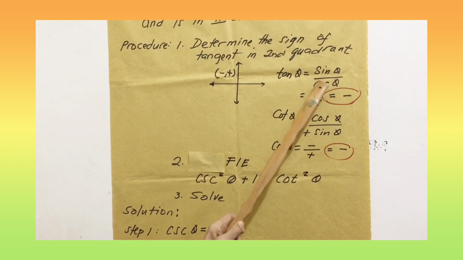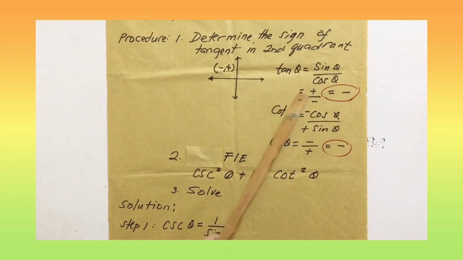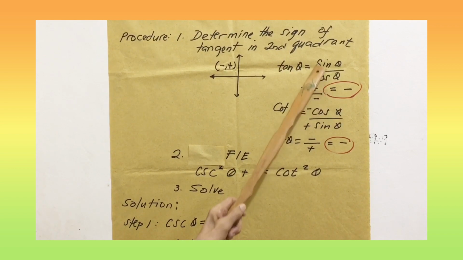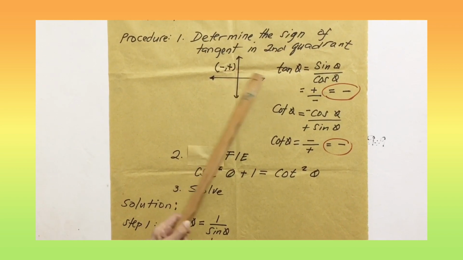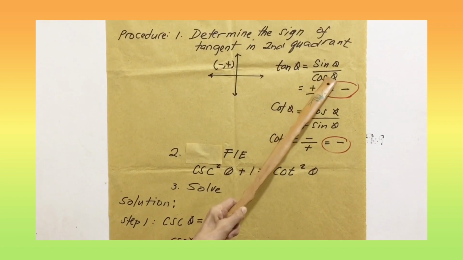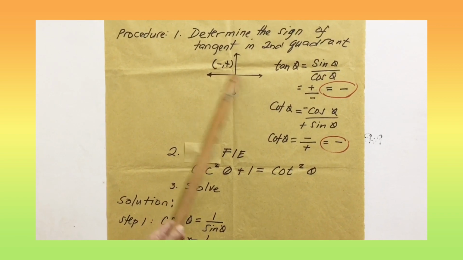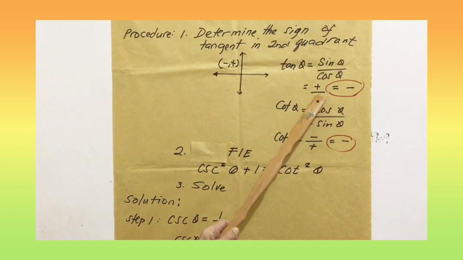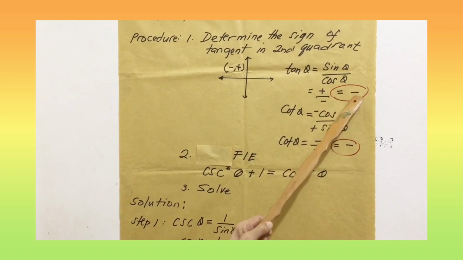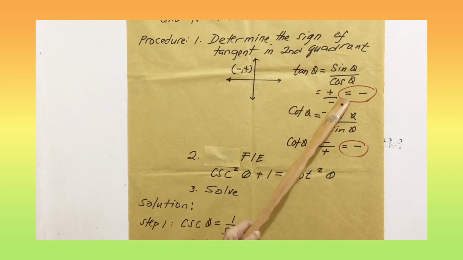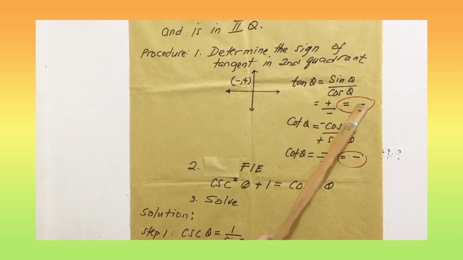This will be the formula. Our sine is positive, and the cos theta is negative. Positive divided by negative equals negative. So the sign of tangent theta in the second quadrant is negative.